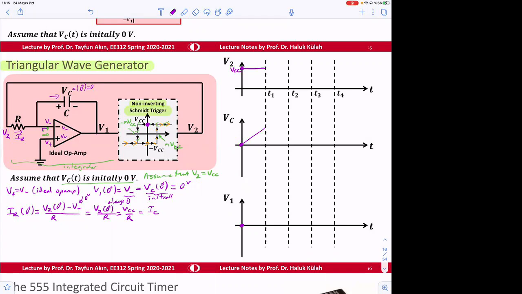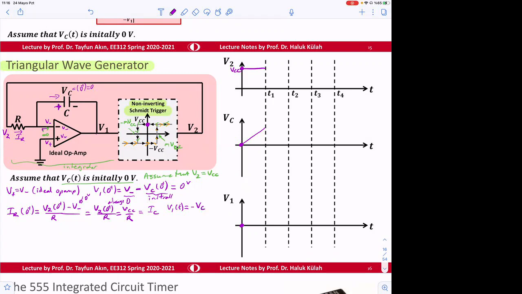Okay, because of the definition of the sign here plus, so the capacitor voltage will be increasing, and that means, in fact, V1, which is equal to, note that V1 is equal to minus VC.